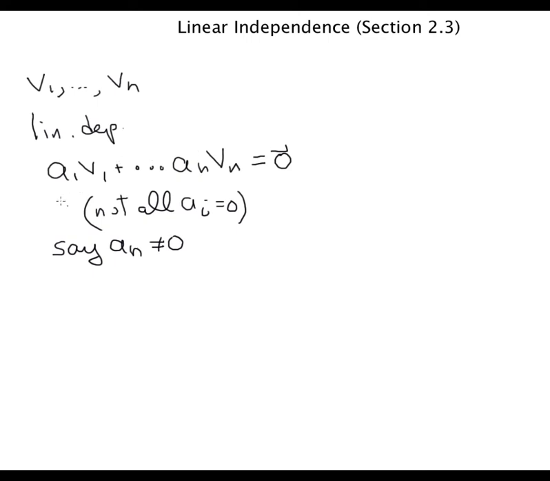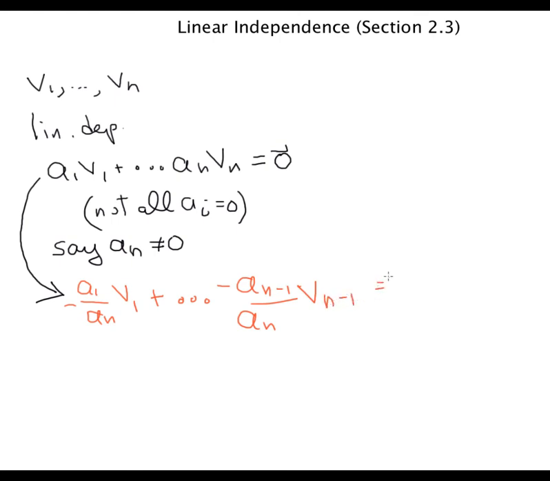Then you can write this equation. You can bring the an vn to the other side and divide both sides by that and get minus a1 over an v1 plus ... down to minus a(n-1) over an v(n-1) is equal to vn.